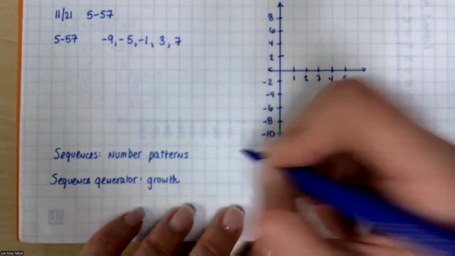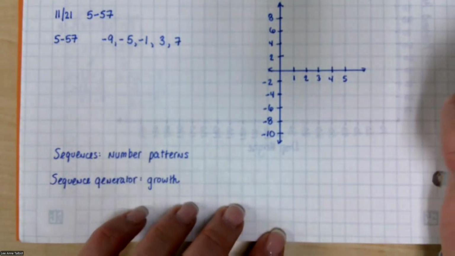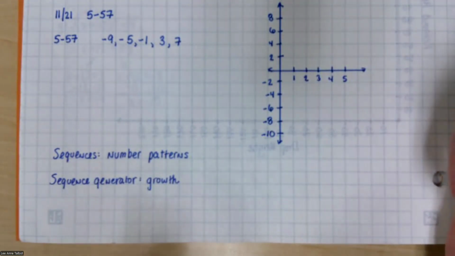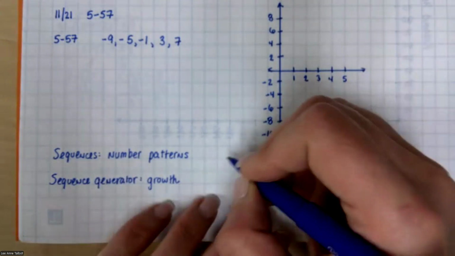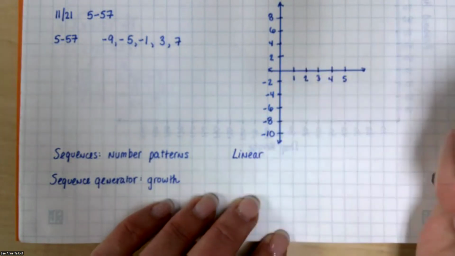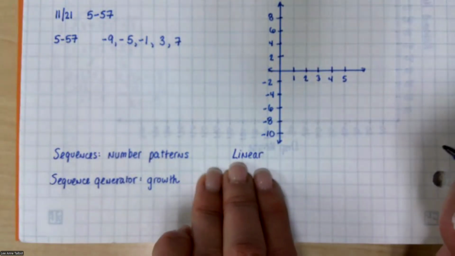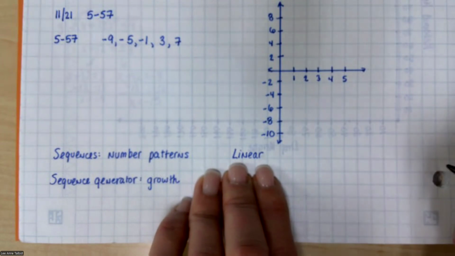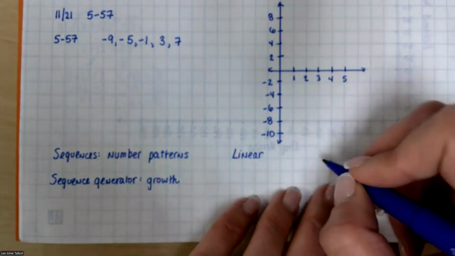Okay, now we're going to talk about two different types. We actually have three different types in this class of number patterns. We're going to basically use your prior knowledge from the stuff that we've learned already this year to help you with your number patterns.